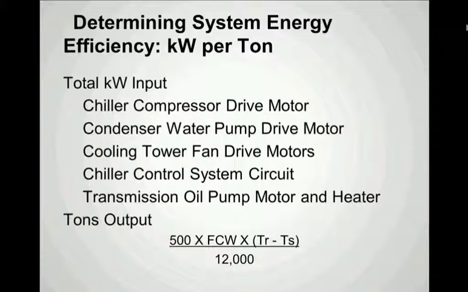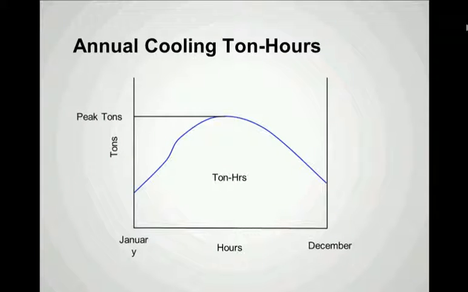Or we can get that information off the control panel on the chiller, as far as the load carried by the chiller as calculated by the chiller controls. And we can use these outputs then to come up with our kilowatts per ton of efficiency. The least kilowatt per ton, the better. The lower that figure, the better.